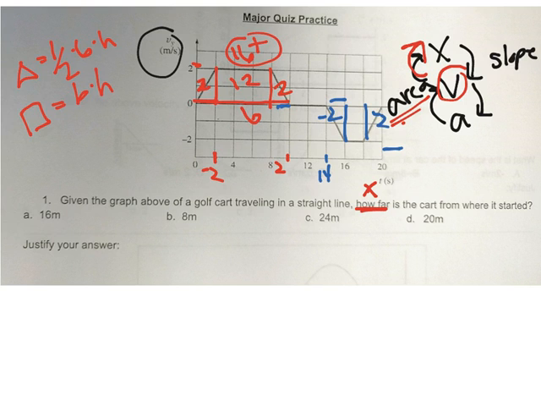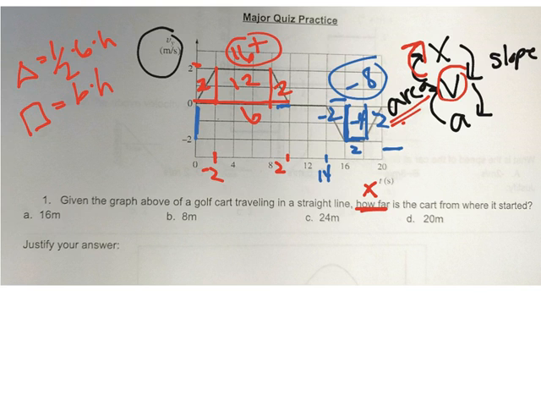This triangle here is also a negative 2. Here, from 16 to 18, we have a base of 2 and a height of negative 2. That gives us negative 4. Negative 2 plus negative 4 plus negative 2 gives us negative 8.